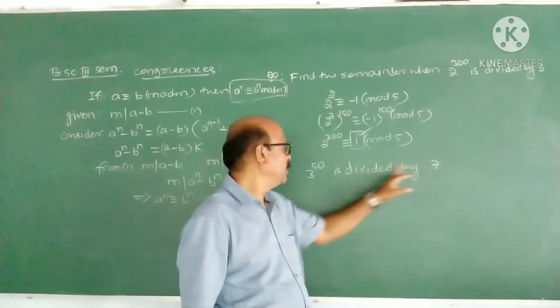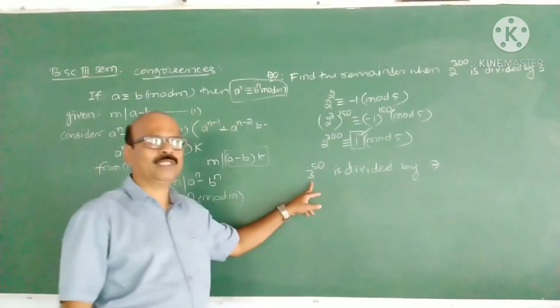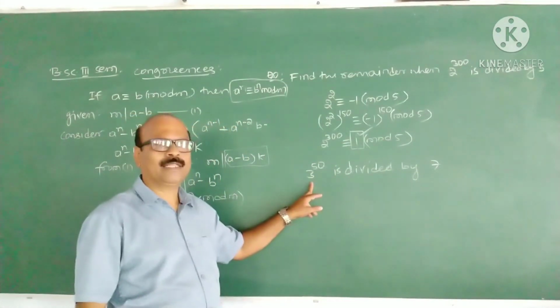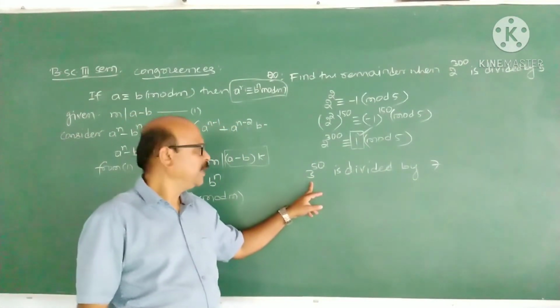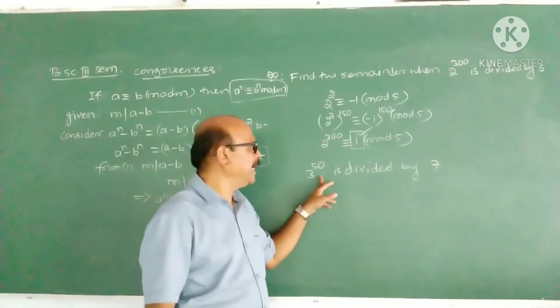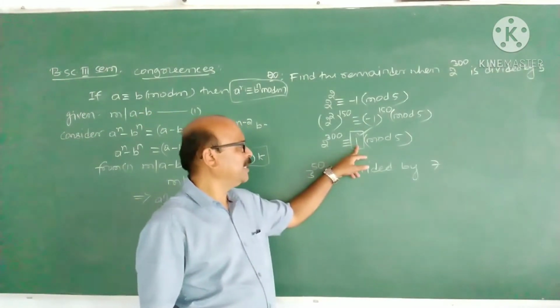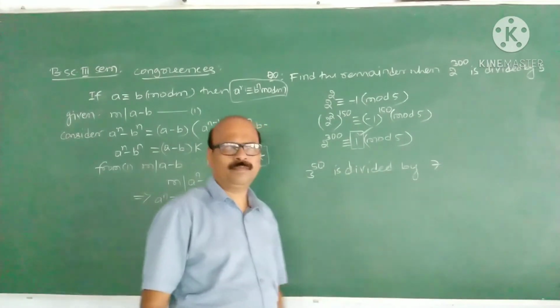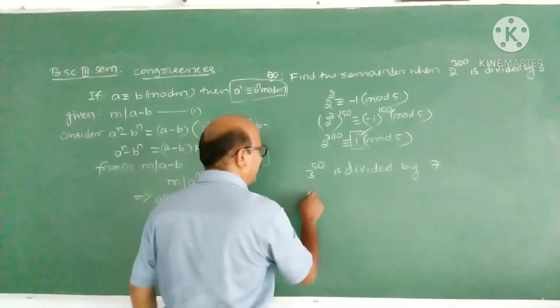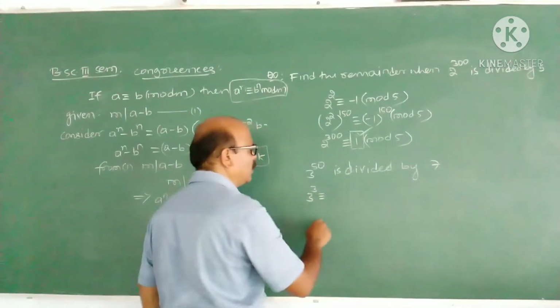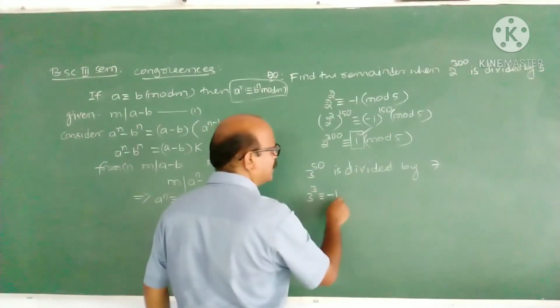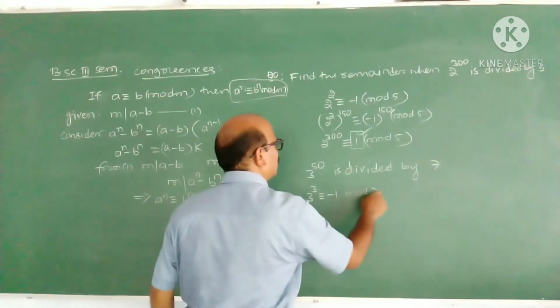Here m is 7. We have to consider some small powers, 3 square, 3 cube, 3 raised to 4, and so on, and express that as plus or minus 1 mod 7. Now you know that 3 cube, what is 3 cube? 27. 27 is minus 1 mod 7.